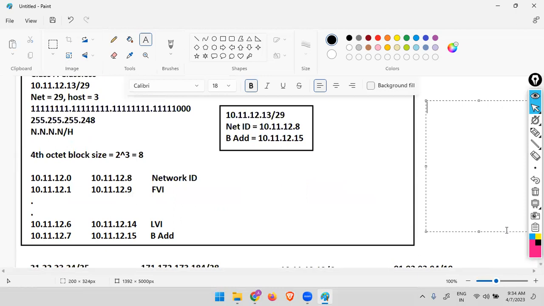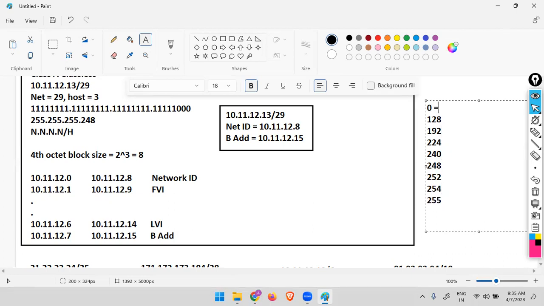Let's say if you are not using any bits, all bits are 0. Then one single bit as 1 is 128. Then 2 bits as 1 is 192. 3 bits as 1 is 224. 4 bits as 1 is 240. 5 bits as 1 is 248. 6 bits as 1 is 252. 7 bits as 1 is 254. All bits as 1 is 255.